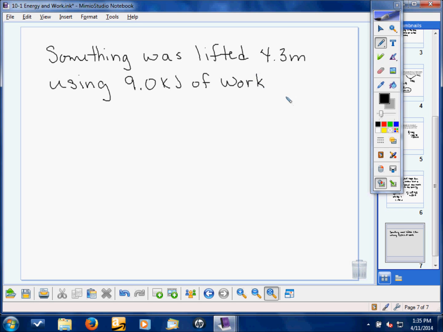And so you can say, what is the mass of the thing that was lifted?